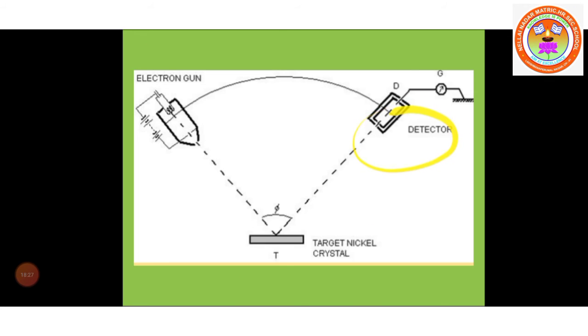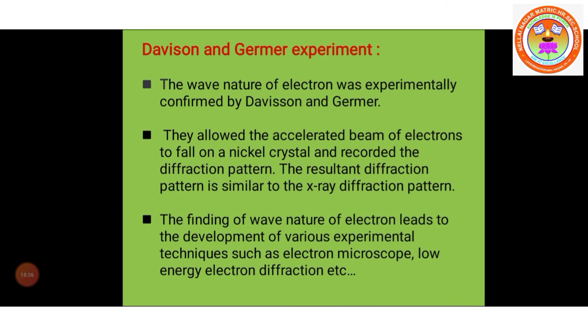So what is the observation? The diffraction pattern of the electron wave is equal to the diffraction pattern of X-ray.